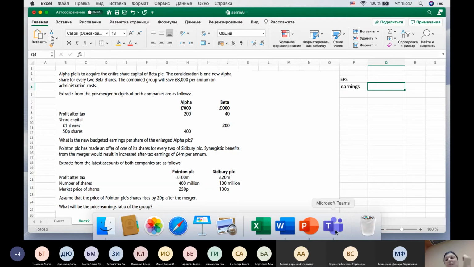Could you propose the mechanism of finding our earnings in this scenario? How could we find our earnings? How do you think?